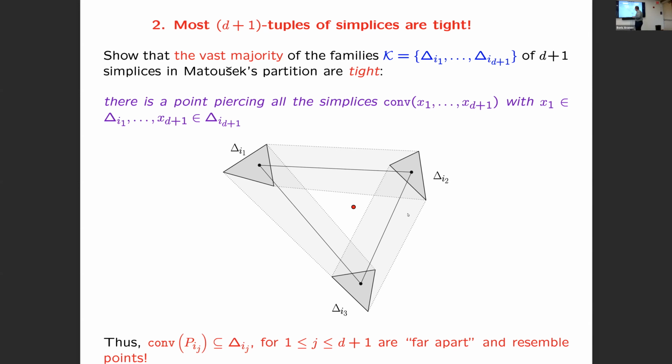And we say that such a d+1 tuple of simplices is tight if, whenever we choose some representatives, one point from each simplex, then they all have a common non-empty intersection.